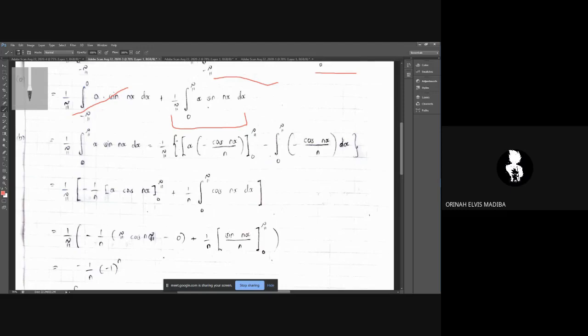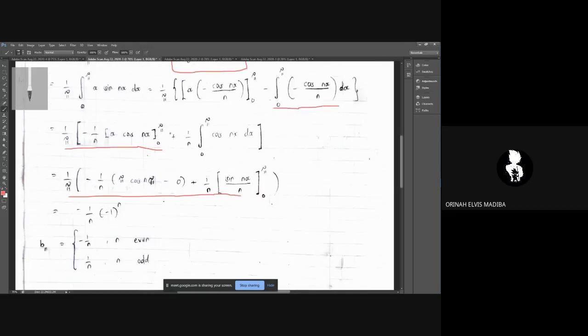We get 1 over pi, all this, negative cos nx minus the second integral from 0 to pi. We integrate this again and we get this result. Right, so we have this equation.